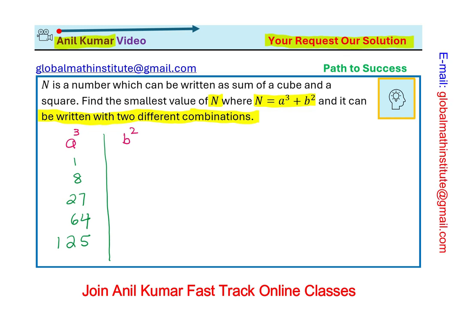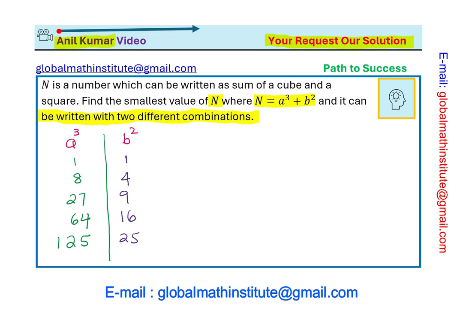Now let's get into squares, which is 1, 2 square is 4, 3 square is 9, 4 square is 16, 5 square is 25, right? We can continue this list since there's less space here.